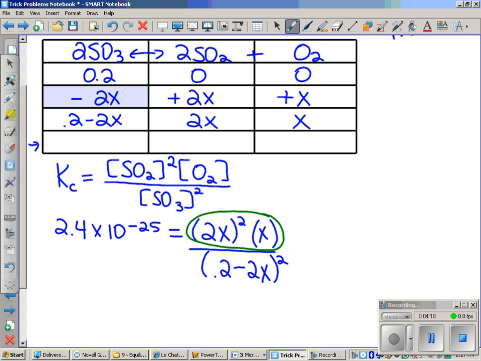Now, for some of you, that's no big deal, and you say, oh, I could do that problem, that's fine. Well, most of us can't, and most of us don't want to, because it's a lot of math. So I'm going to teach you this trick, and again, you can use this trick anytime your K is 10 to the negative 10th or smaller. So 10 to the negative 11th, 10 to the negative 12th, 10 to the negative 13th, etc.